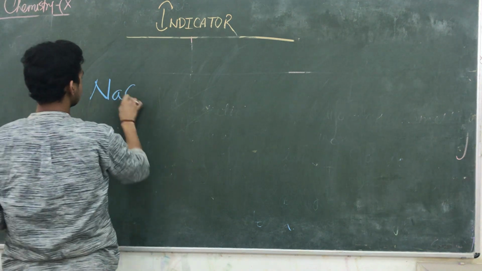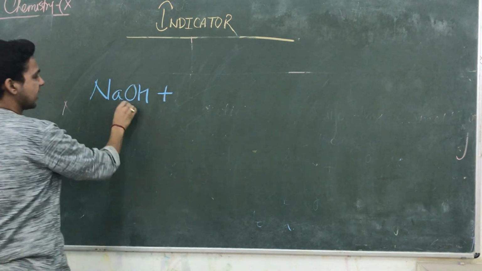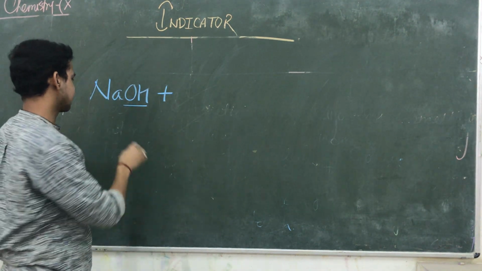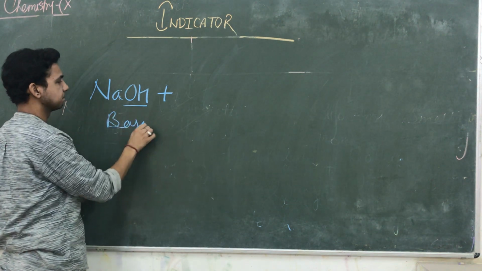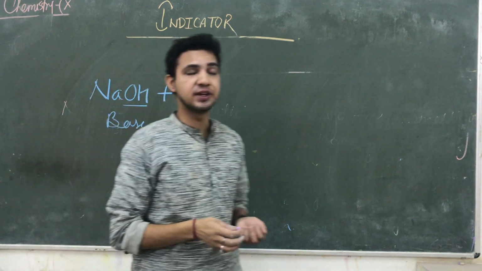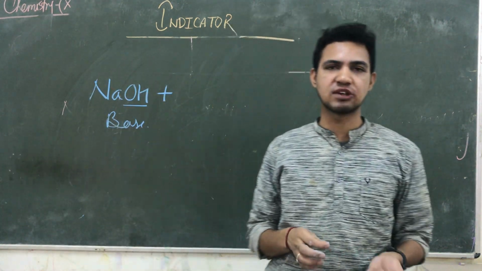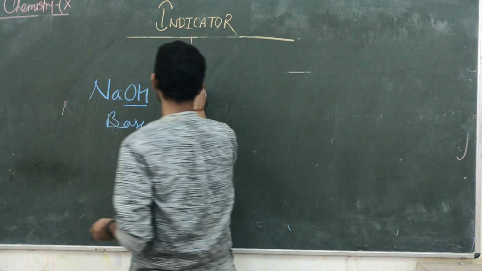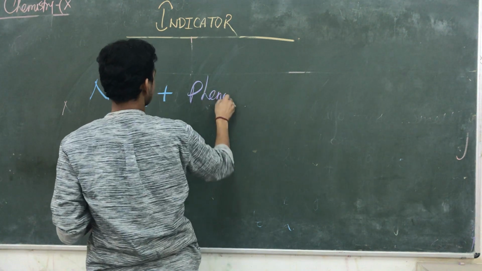Suppose I am giving you NaOH. NaOH is a base, a basic substance. इस बेस को आइडेंटिफाई करने के लिए हम वो केमिकल्स या इंडिकेटर्स यूज करेंगे जिसका नेचर एसिडिक हो. For the base we are using this indicator, phenolphthalein.